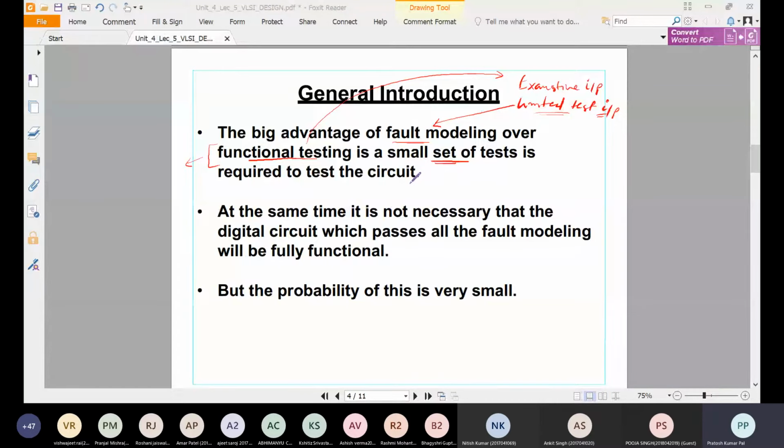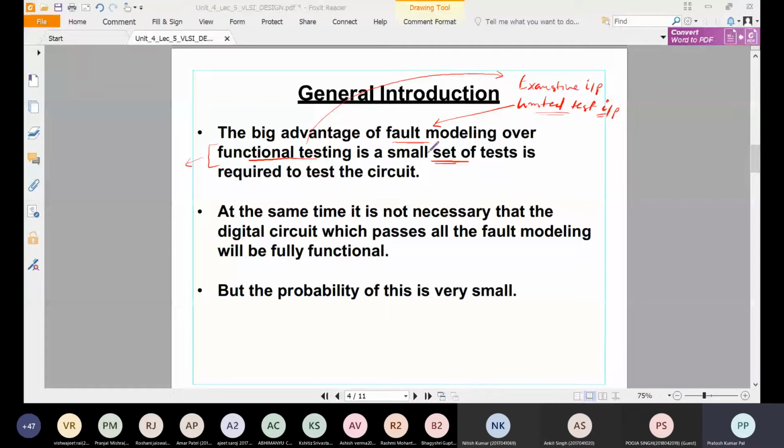If a circuit has passed the test using fault modeling, it does not mean it will not have any future faults, because in fault modeling we are only using a limited number of test inputs. We are not using all the possible exhaustive inputs.